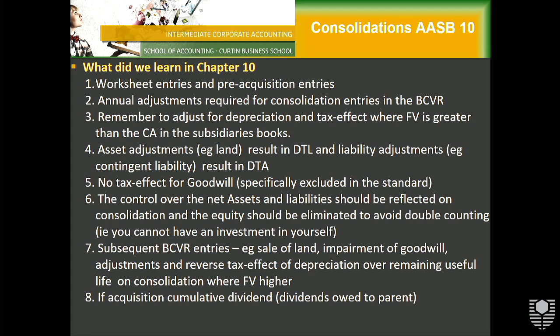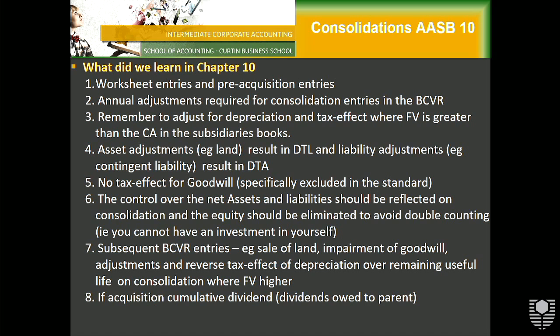All right. If the acquisition is done on a cumulative dividend basis, we need to adjust that against the consideration transferred, because we're not going to pay them that money. And remember, if there are dividends subsequently paid, that is an intragroup transaction.